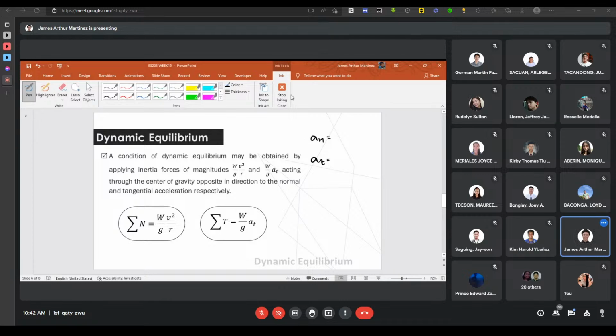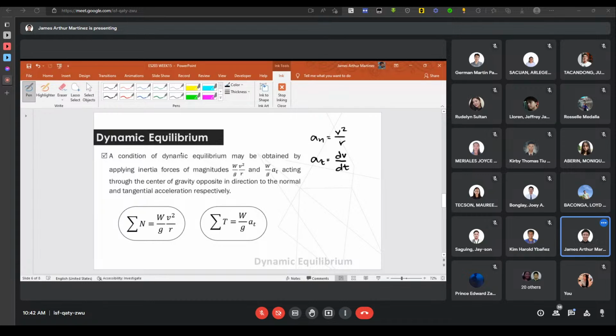It's basically the same as the rectangular components. For the normal component, acceleration is equal to v squared over the radius, and the tangential component of acceleration is dv over dt.